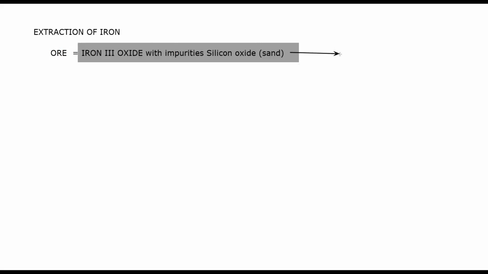What do we call this? We call this hematite. So hematite is basically iron 3 oxide with impurity sand, silicon oxide. The common name is hematite.